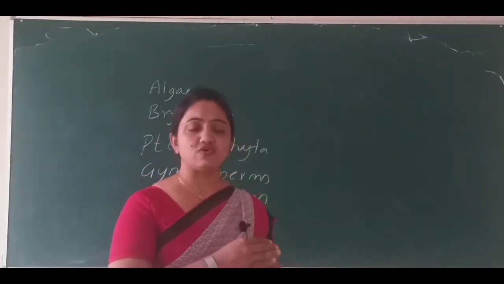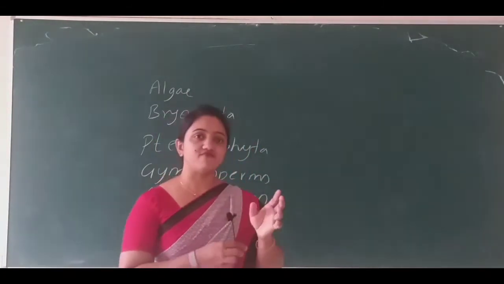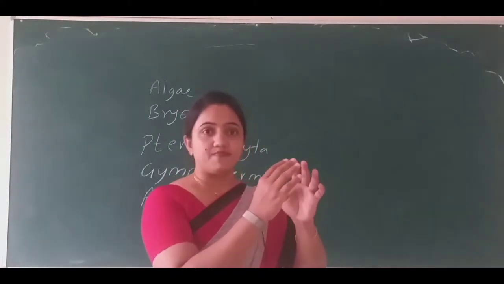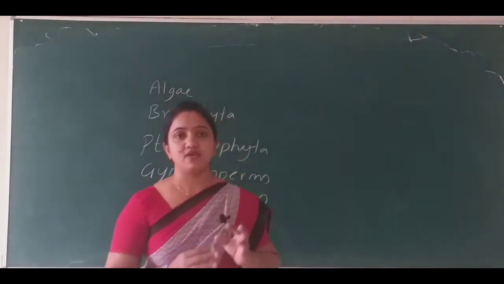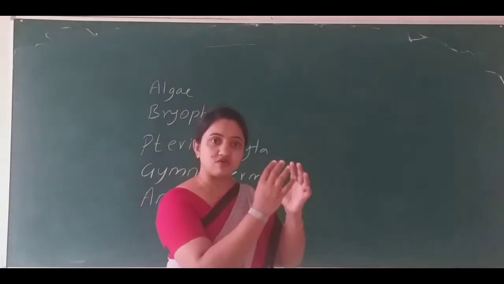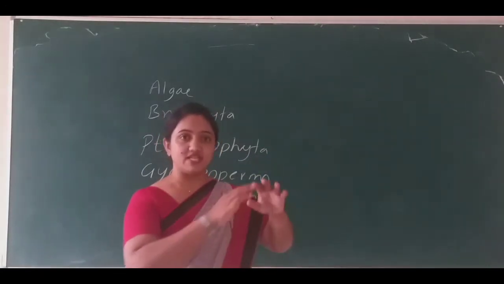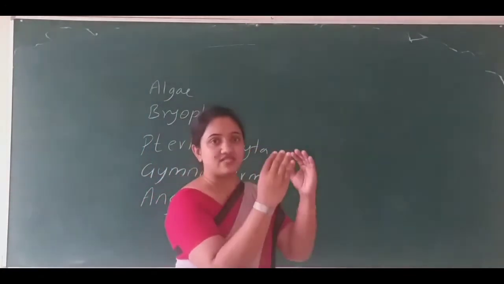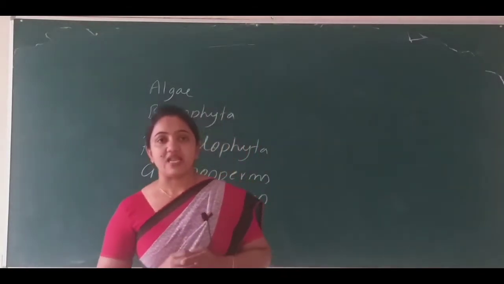And Volvox is present in the water body in a colonial form. In the algae, a number of species are present in one colony. They live together, that's why we call it colonial algae.